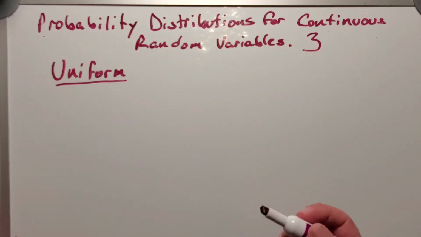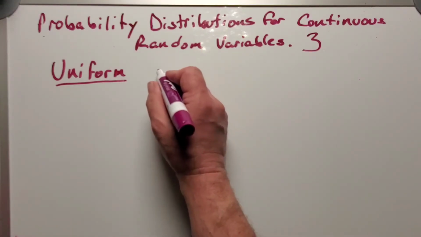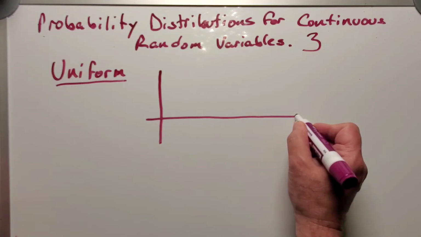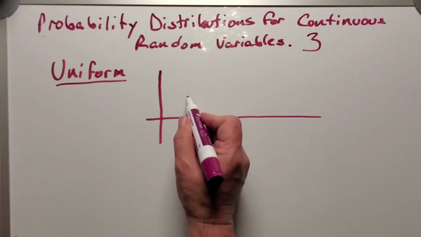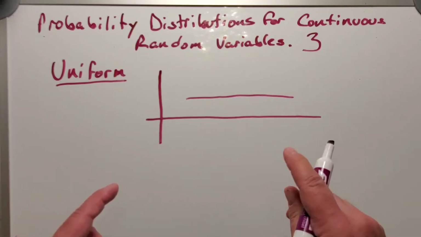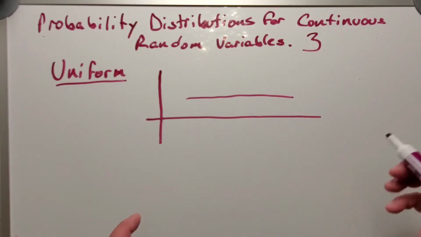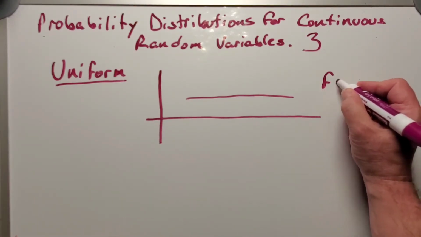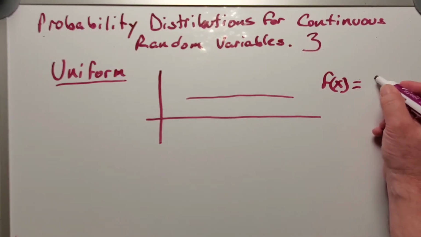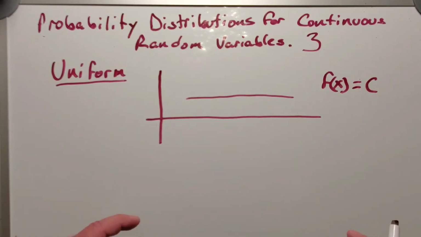Well, unlike a normal distribution, which is a bell curve, peaked in the middle and dwindling at the edges, a uniform probability distribution is characterized by having a top which is just a straight line. In regular math, in algebra, we would say that it's a linear function with a slope of 0.